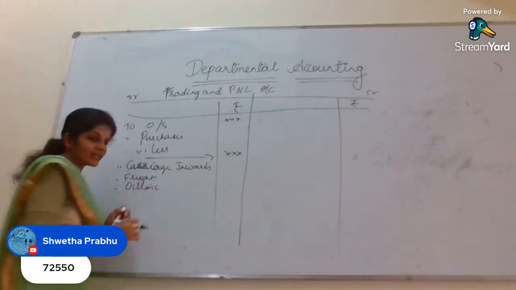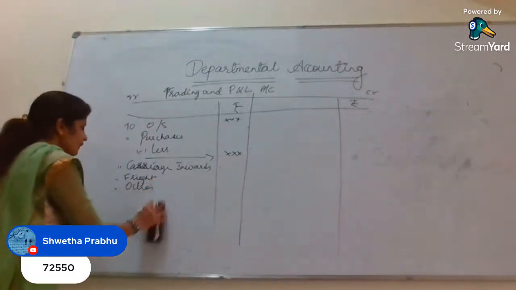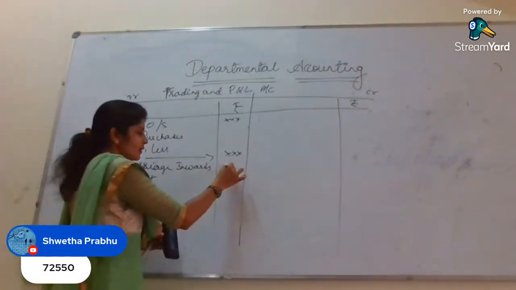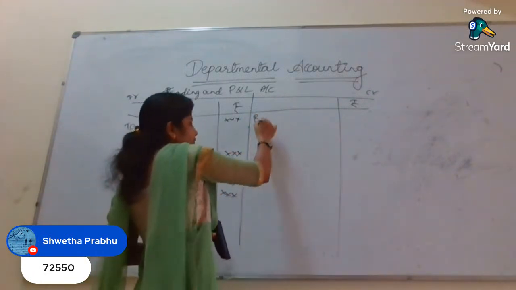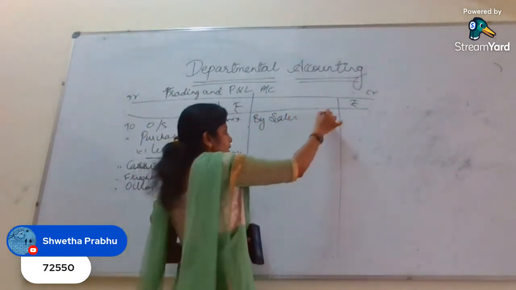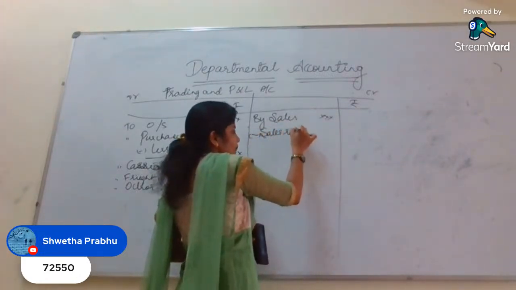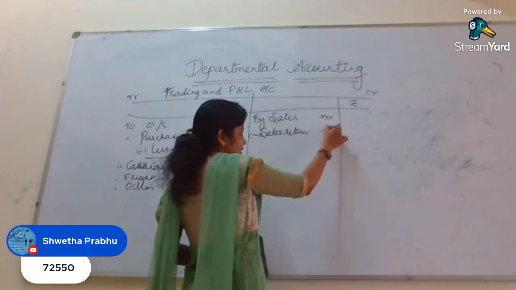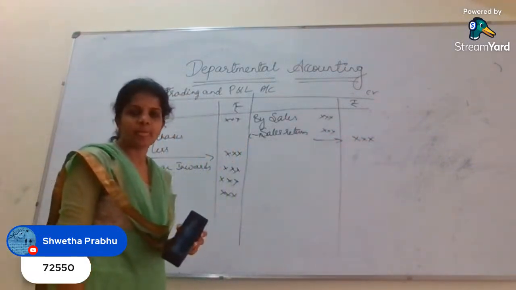These are all direct expenditure, and these direct expenditures will be taken into the trading account. These are the trading account expenditures, and on the right side we take by sales. If there is any sales return, the amount of sales return will be deducted and the balance will be taken to the outer column.